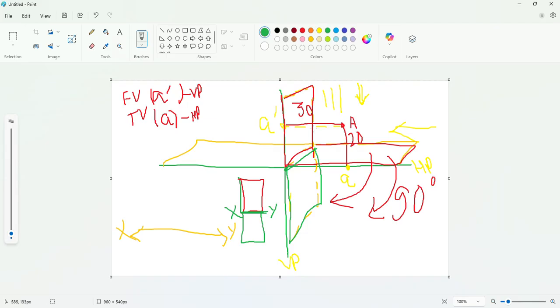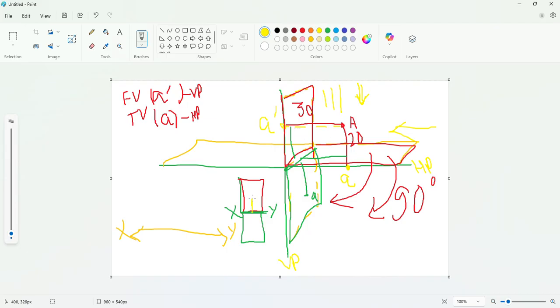Now the front view, which is 20 mm above the HP and 30 mm in front of VP. After rotation, this A will come downward at a distance of 30 mm. So A dash is above HP, at a distance of 20 mm.